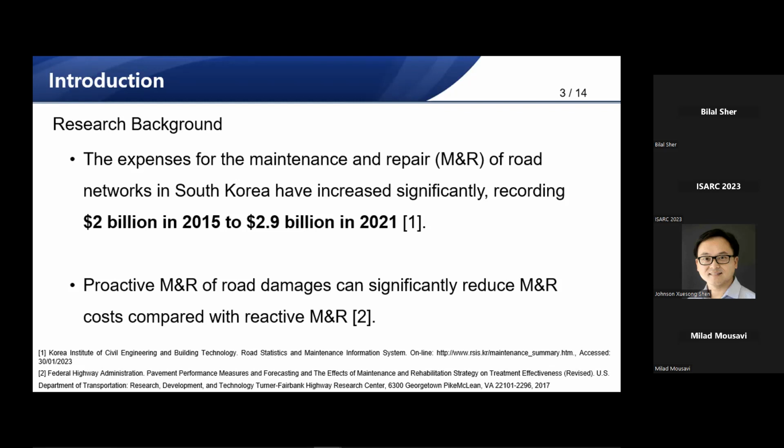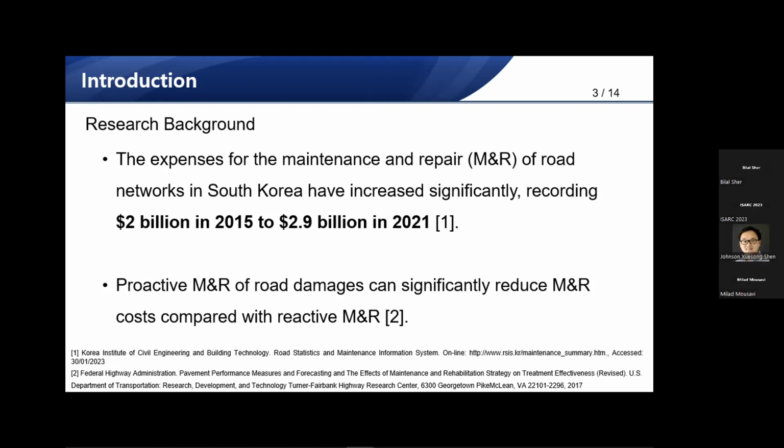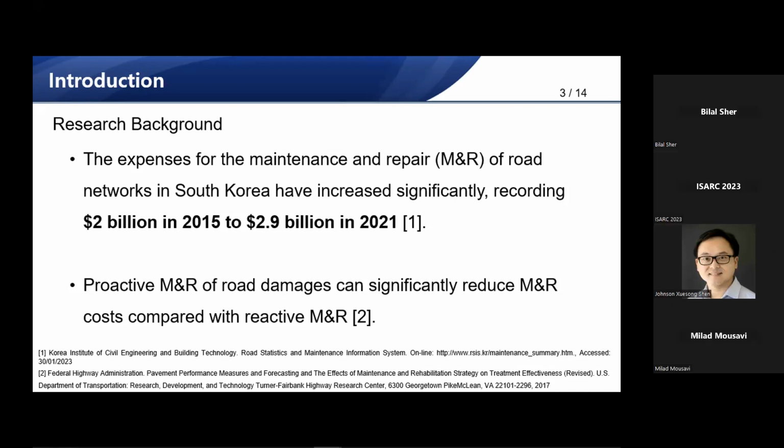In South Korea, the total expenditure on road maintenance was $2 billion in 2015, but just 6 years later, it had skyrocketed to $2.9 billion in 2021. This indicates an increase of nearly 50% in maintenance cost.